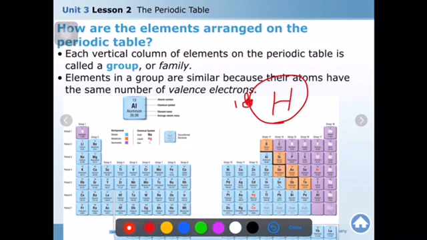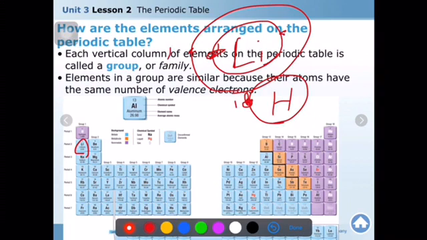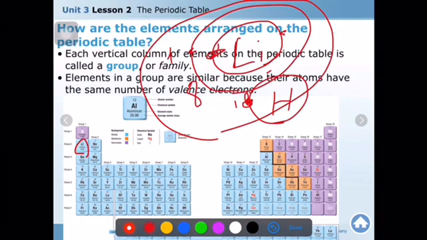How about lithium? Lithium has 3 electrons, and in the first layer it has 2, in the second layer it has just 1. In the first layer every time there should be 2 electrons, in the second layer there can be a maximum of 8 electrons, in the third layer a maximum of 18 electrons, right?